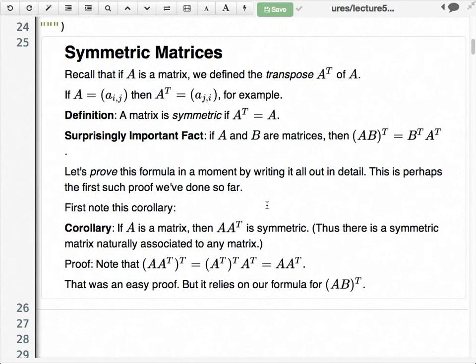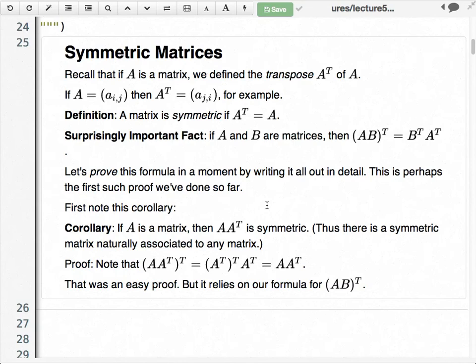This is like a formula for any A and any B. So I'll make A equal to the A I have over here. What am I going to set B equal to? A transpose, that's right. I'll make the B right here A transpose. Okay, and then what that tells me is that this is equal to A transpose times A transpose transpose.